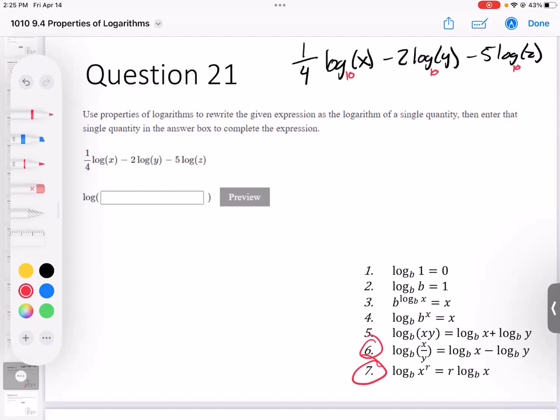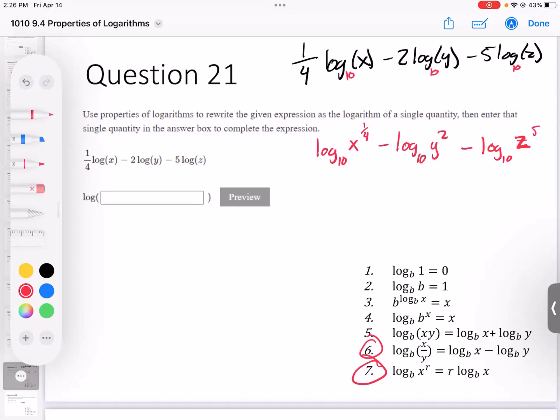And we can write this first expression as log base 10 of x to the 1/4 power. Then for my second expression, I can write this as minus log base 10 of y squared. And then the next one is minus log base 10 of z to the 5th power. Sorry, it looked like a 2, but it should be a z. Any questions on that?